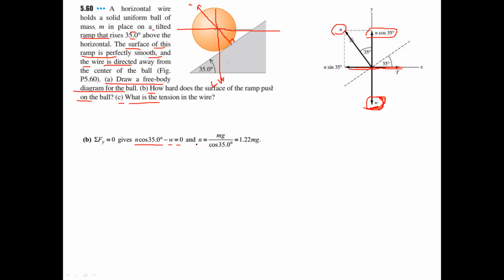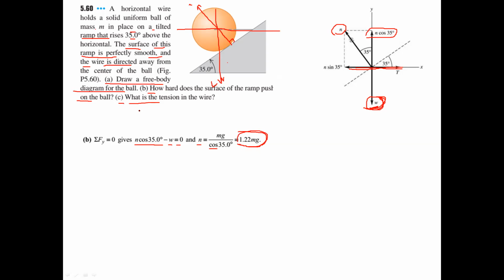From here, N will be equal to mg over cosine theta, and you will give your solution in terms of m, okay? So your answer will be 1.22 mg. The normal force in this question will be equal to 1.22 mg, or the surface of the ramp pushes the ball with this force, okay?